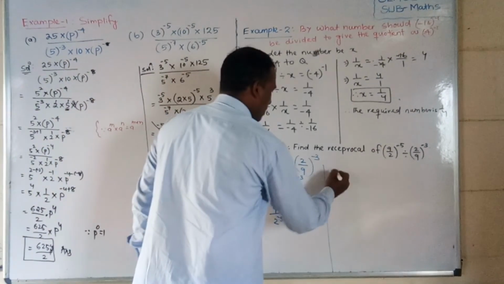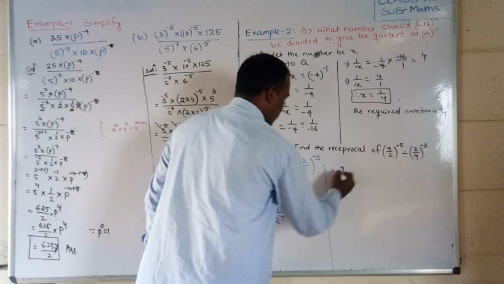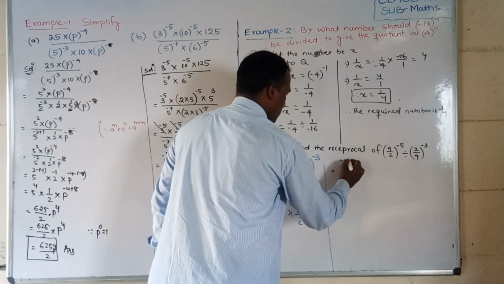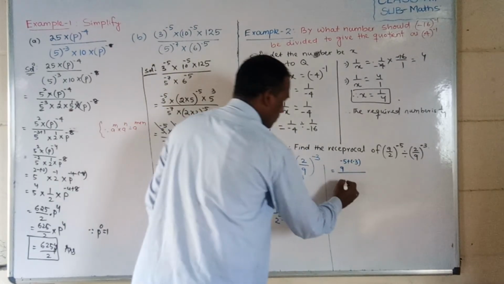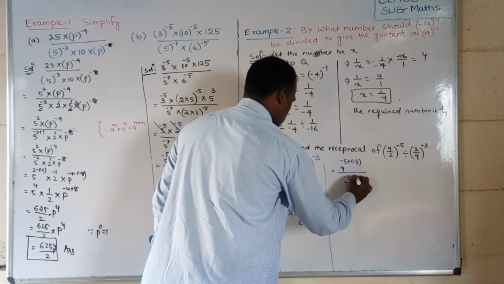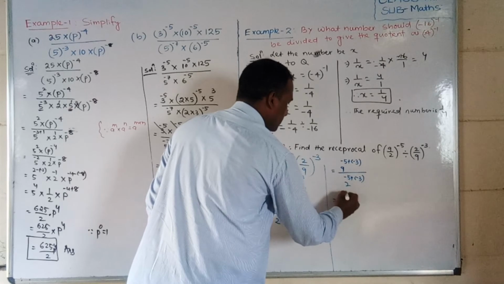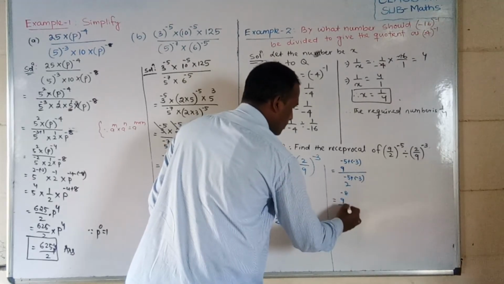So now the bases 9 and 9 are the same, so we can add the powers. So minus 5 plus minus 3 by 2 whole power minus 5 plus minus 3 is equal to 9 whole power minus 8 by 2 whole power minus 8.